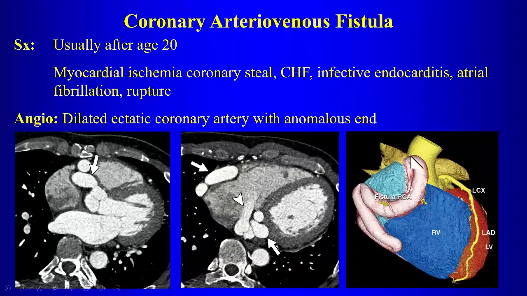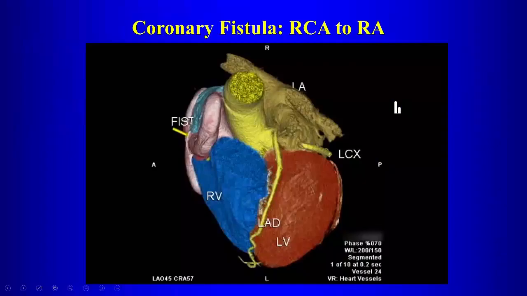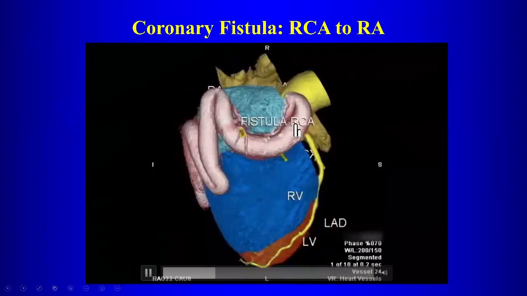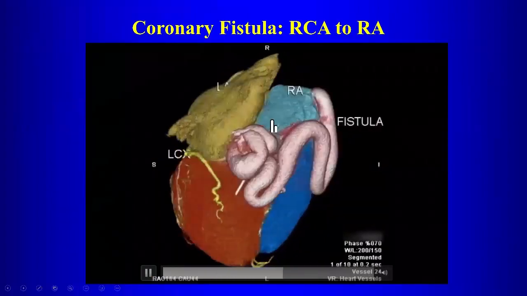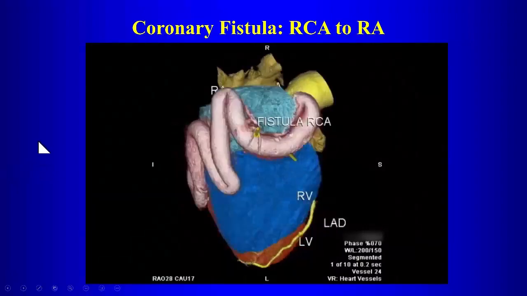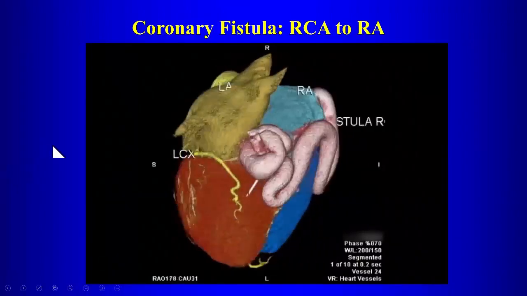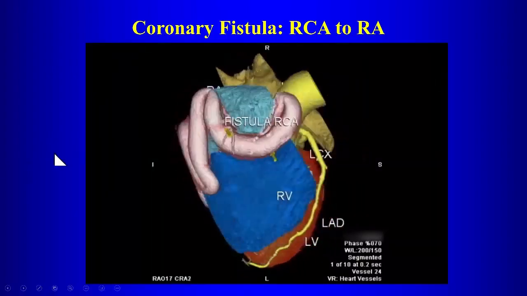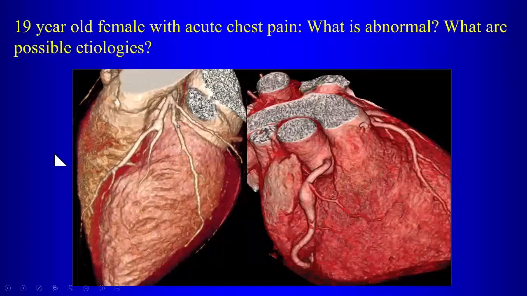Rupture is pretty rare. So the involved vessel will be markedly dilated, as in this example. Notice the other vessels are kind of normal in size. And here's a volume rendered view, a large right coronary artery fistula going back into the right atrium. Right? So whenever we see a tortuous dilated vessel like that, think about a coronary arteriovenous fistula.